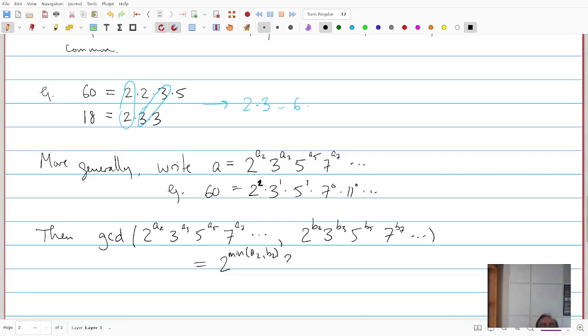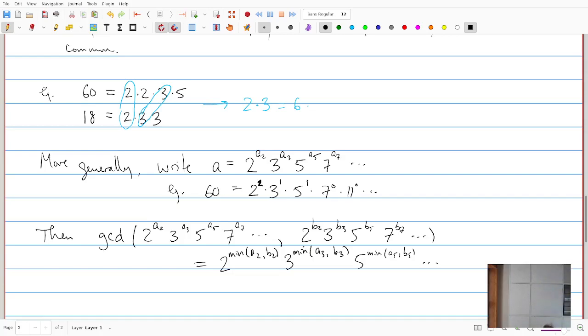And same for 3: how many 3s can I put in the GCD? It's whichever has the smaller power. So minimum of A3 and B3, 5 to the dot, dot, dot.